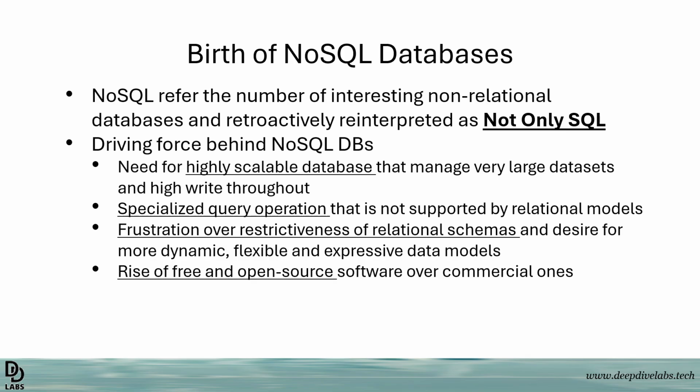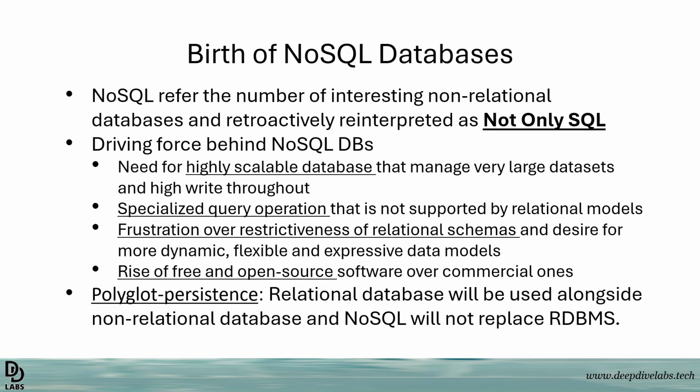Alright, it's very important to understand as we go through this journey of understanding NoSQL databases, we will constantly be comparing with relational databases for a lot of reasons. One reason being relational databases have existed for a long time, right? In a lot of applications you will see something called polyglot persistence, which means relational databases will be used alongside non-relational databases.